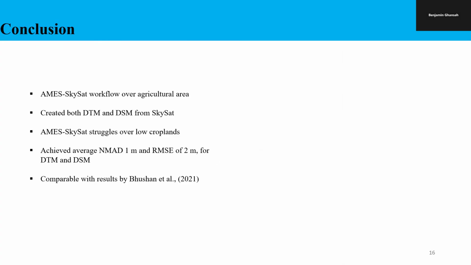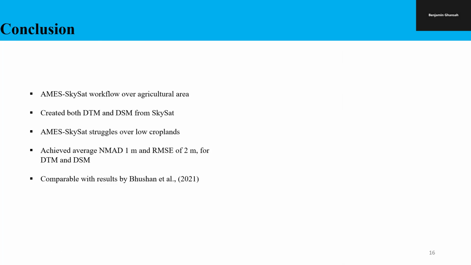In conclusion, we now have an AIMS SkySat workflow over an agricultural area, and it was able to generate two DSMs, one of which we used as a DTM and the other as a DSM. However, I need to stress that this workflow struggled over low crops with low heights.